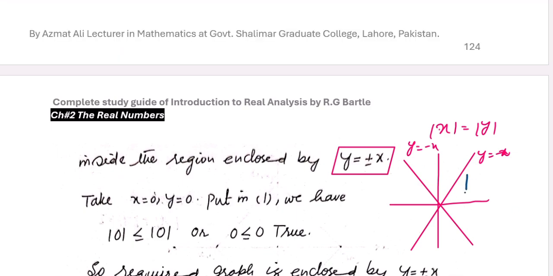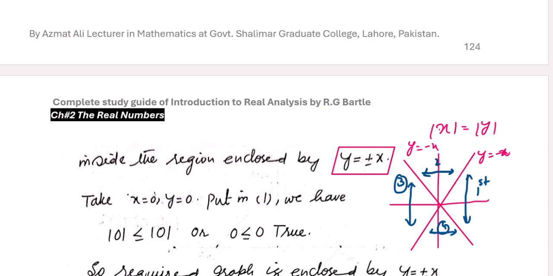Suppose this is my first region, which lies in the first and fourth quadrant between these two lines. Suppose this is my second region, that lies between the lines in the first and second quadrant. Similarly, this is my third region, that again lies between the lines, in the second and third quadrant, and last, this is my fourth region. I have to take some points from each of these regions, and we will check which point satisfies this inequality.